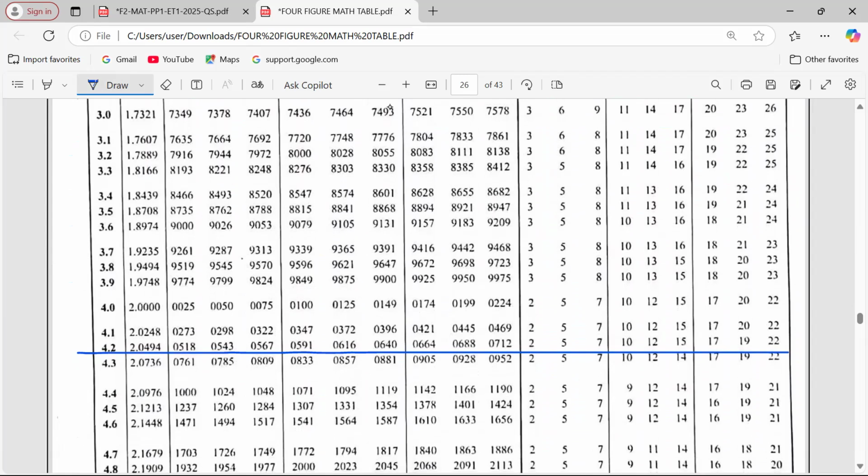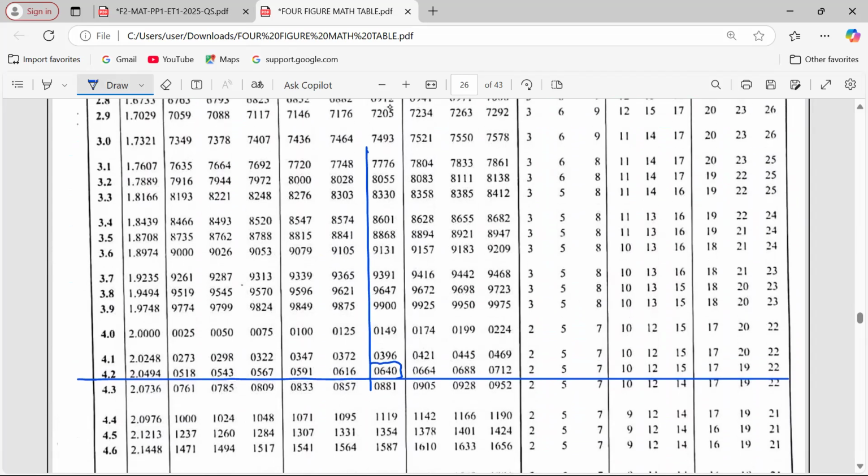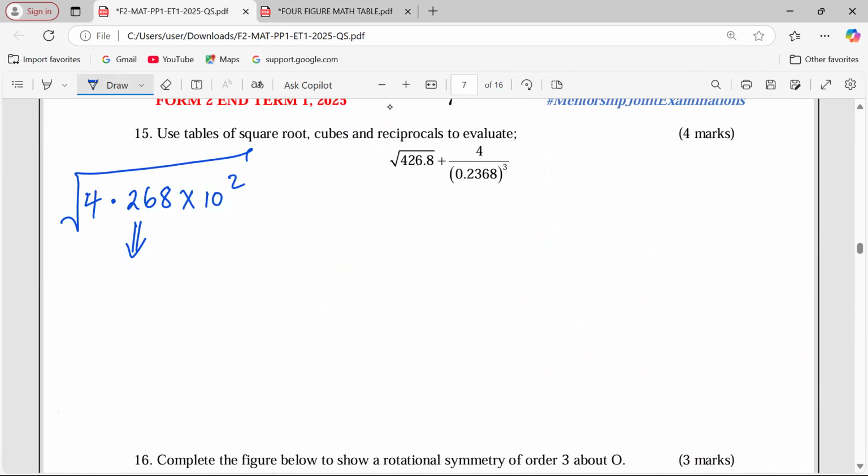So what we are reading first is the point at this junction. When you look at the numbers well, we are beginning with 2 point 0640. Then we shall add on the difference side.